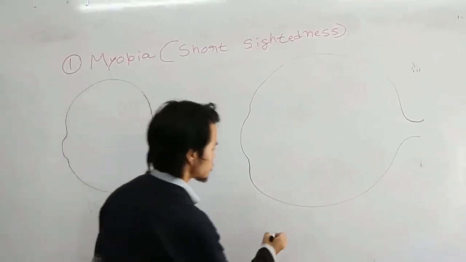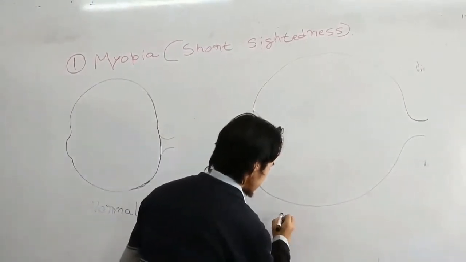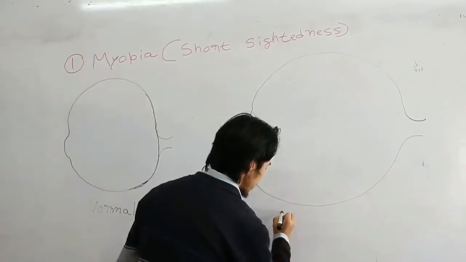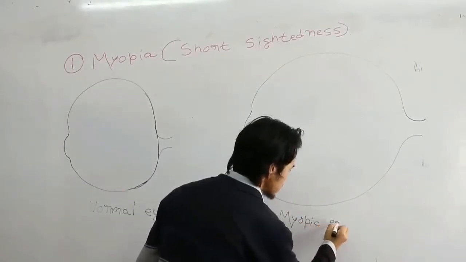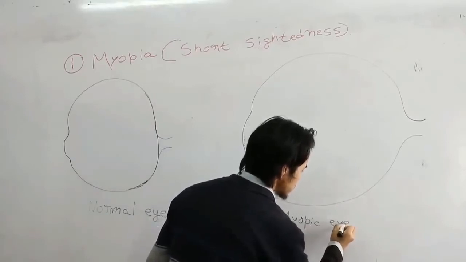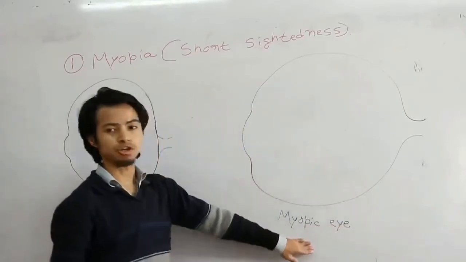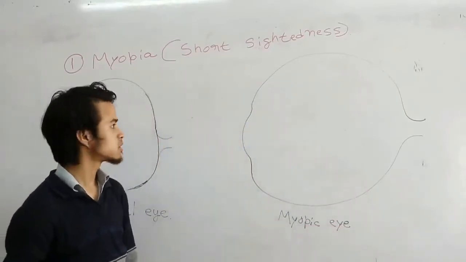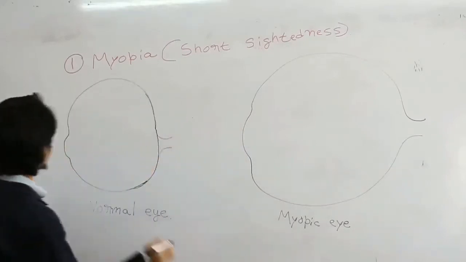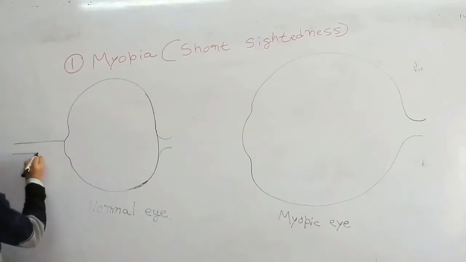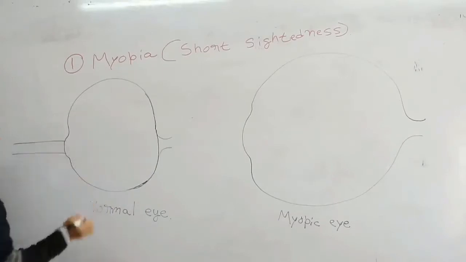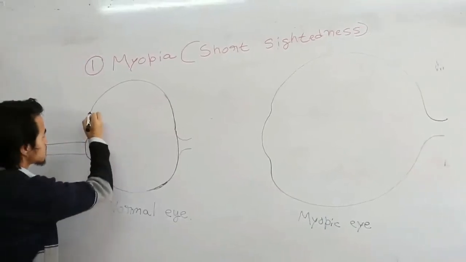So this eyeball that we just drew is a myopic eye, or an eye which suffers from myopia. When light rays coming from a distant object enter the cornea, they will get refracted.